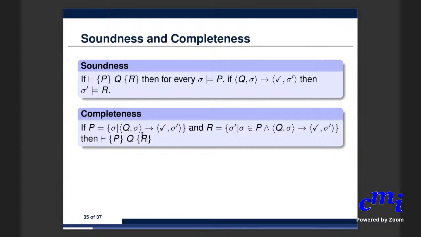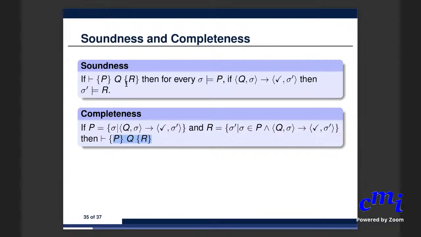If I start with any state that satisfies a predicate, I execute the program and end up in an evaluation, and every evaluation that I get satisfies R, then I should be able to get a proof of it using the inference rules. All these things can be established in a formal sense, but I want you to just understand conceptually what soundness and completeness mean.